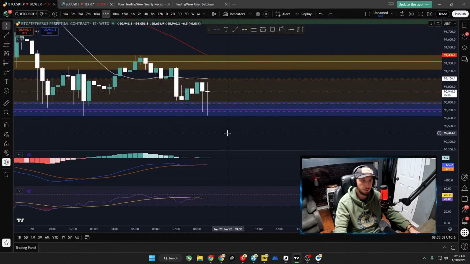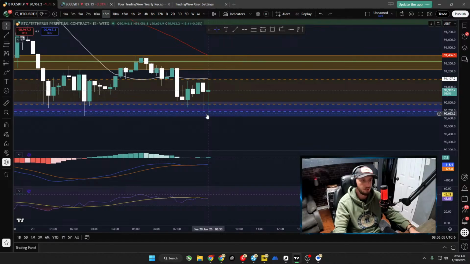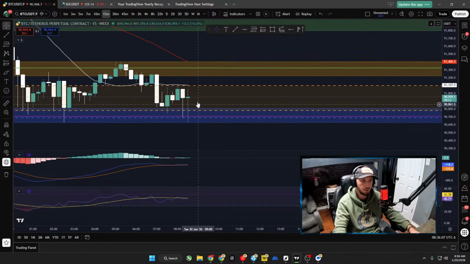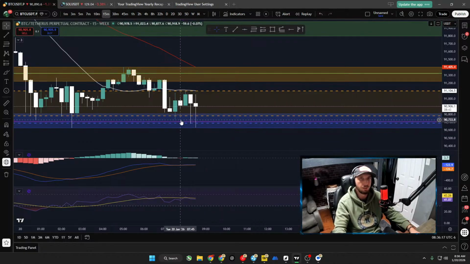You see that nice big wick, and then we've come back up each time. That tells us the bears are trying to fight us down below this line, and we're pushing back up above that, not letting it break down below that resistance line. So that is pretty bullish overall, just based off of TA and candlesticks.